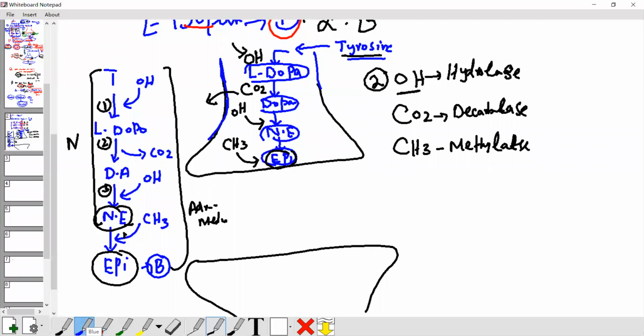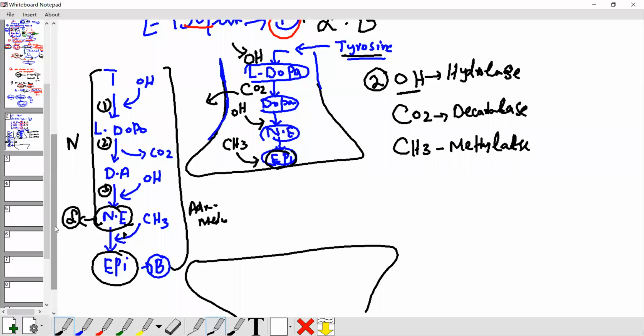Norepinephrine, if you don't have a methyl group, your affinity for the alpha receptor is more. This concept clear? Why does norepinephrine prefer alpha and epinephrine prefer beta? Epinephrine has a methyl group. Just because of this extra methylation, epinephrine attaches to beta first, and norepinephrine attaches to alpha first.